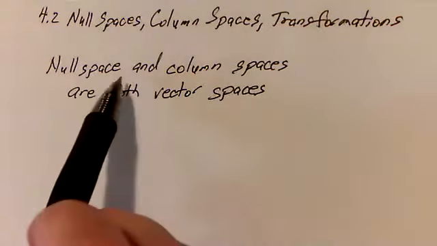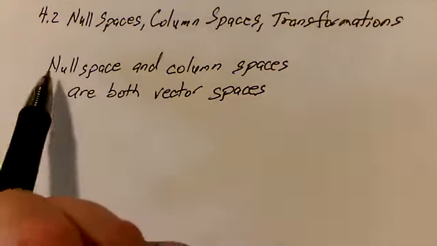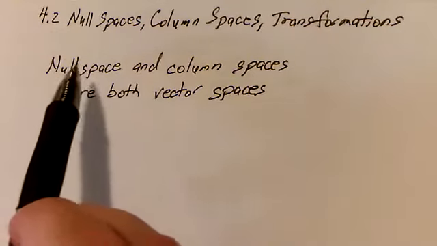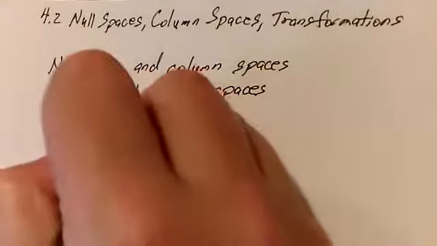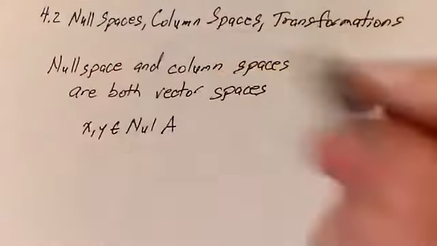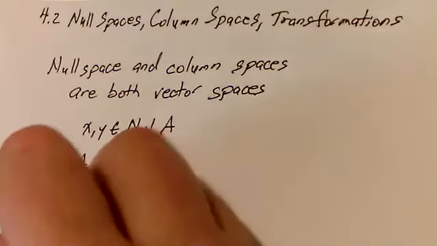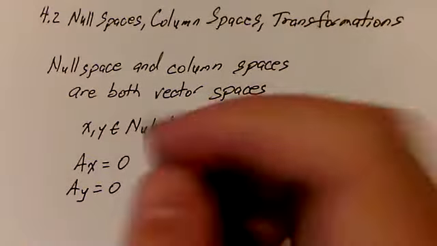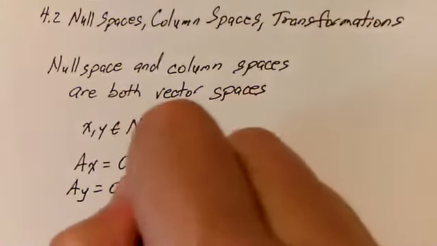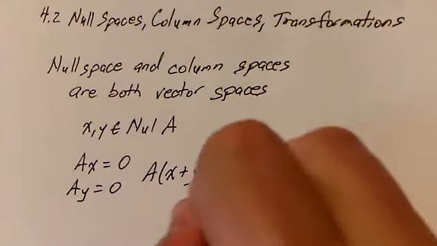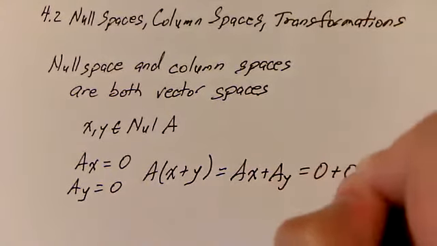Okay? Now the 0 vector is also clearly in the null space because A times 0 is going to be 0. Vectors in the null space are such that when you multiply them, you stay at 0. So if x and y are both in Nul A, then Ax is equal to 0, as well as Ay is equal to 0. If I take x plus y, A times that is going to be equal to Ax plus Ay, which is 0 plus 0, which is 0.